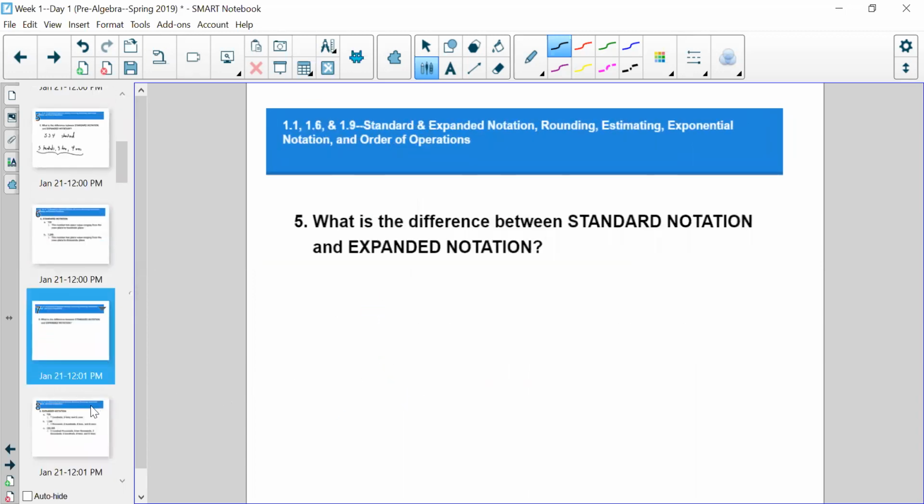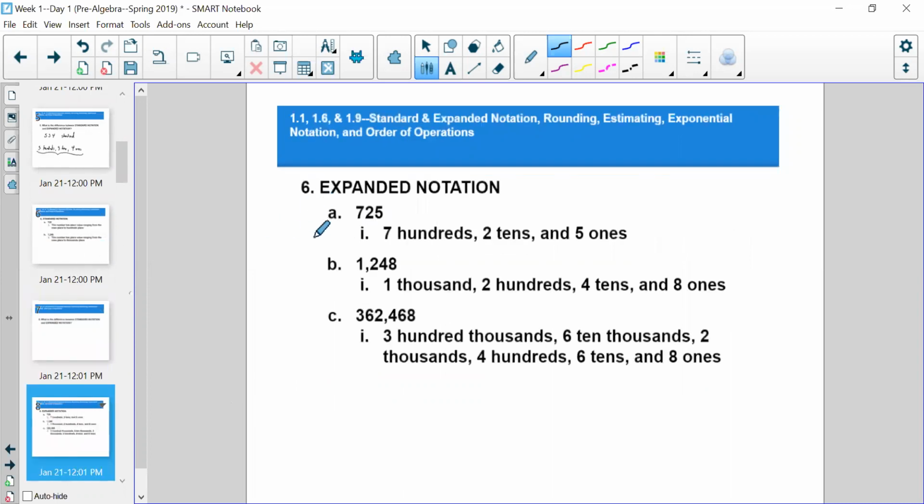And then the expanded, like I said, is you're just going to write it in words based on the place value. So 725, I should see the 5 ones, tens, and hundreds. And since I'm asking to expand it, I would want to know how many ones I have, how many tens, and how many hundreds. Which is different when I'm asking just for the place value.